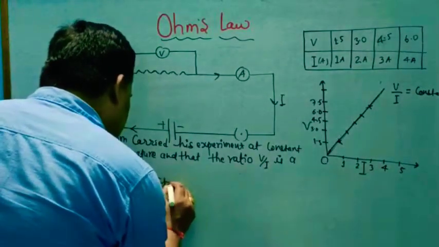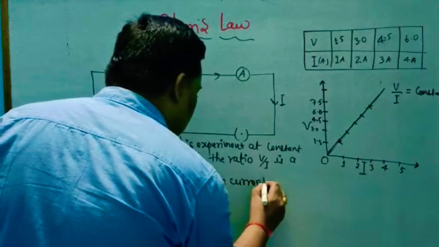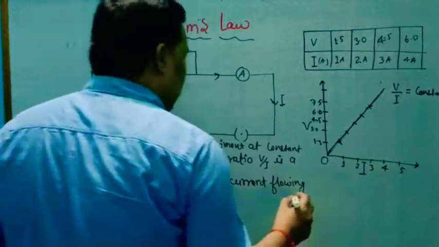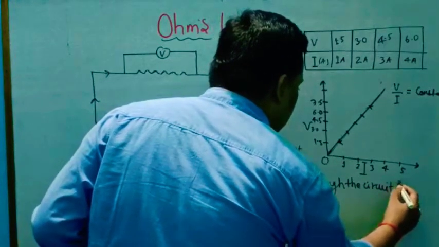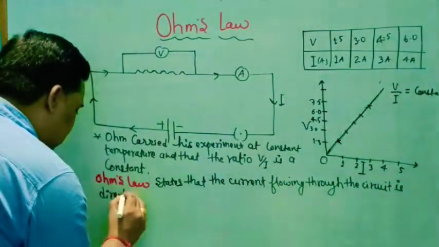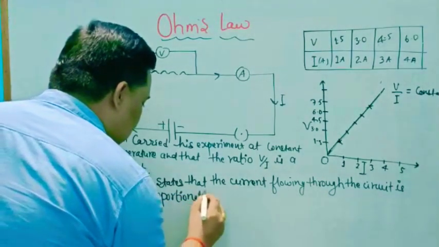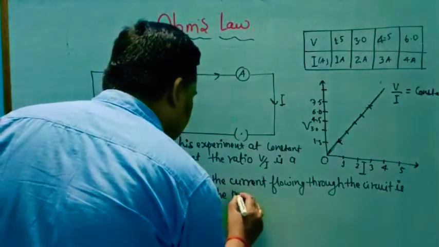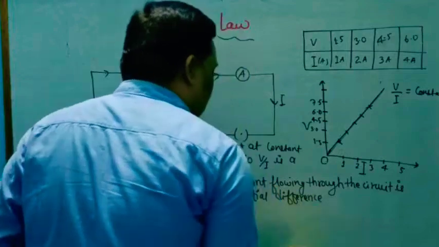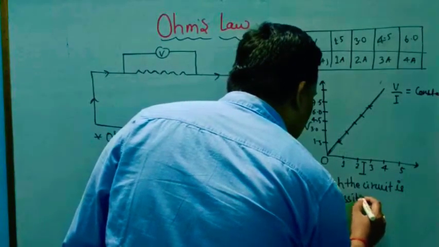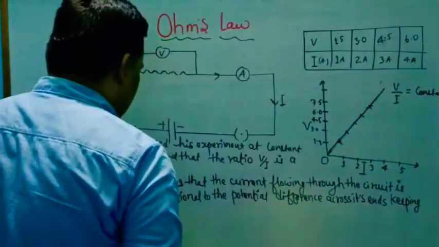Ohm's law states that the current flowing through the circuit is directly proportional to the potential difference across its ends, keeping the temperature unchanged.